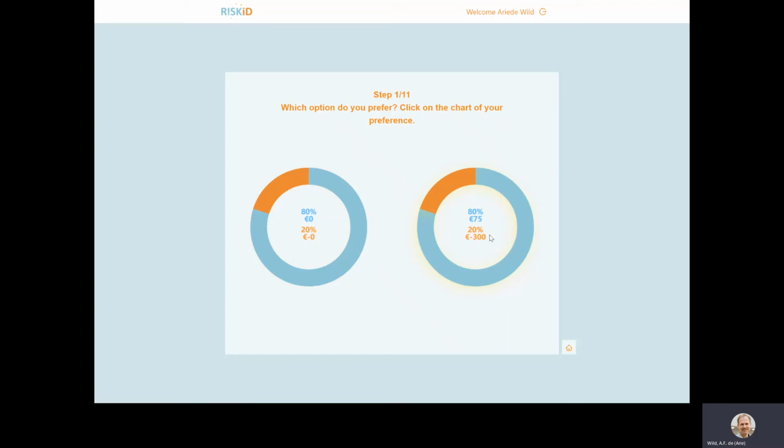In this example, the option on the right offers a 75 profit with an 80% probability and a loss of 300 with a likelihood of 20%. The option on the left has the same outcome in both scenarios, neither a profit nor a loss.